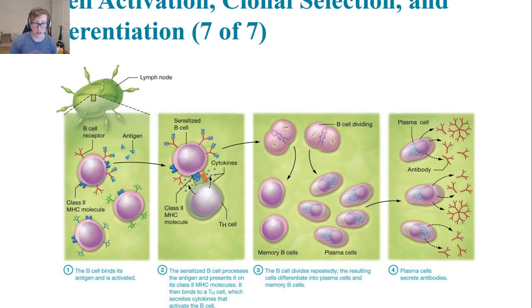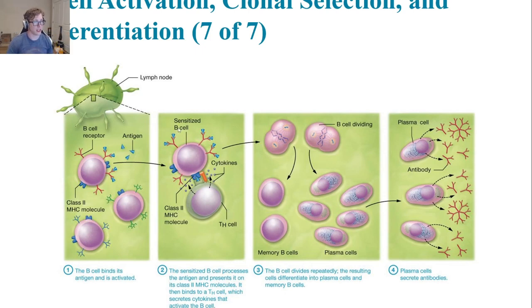So we're in the lymph node. We have our B cell receptors, we have our antigens, we have our MHC2, our presenting cell, essentially. We then take this sensitized B cell, and we take this T helper cell with this MHC2 binding site. Once those 2 pieces are there, that's when the magic happens.